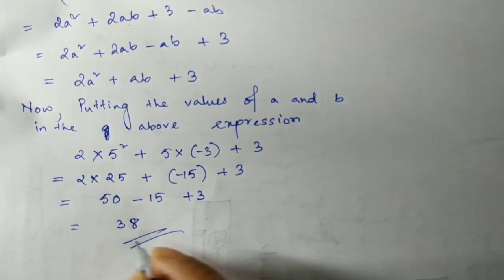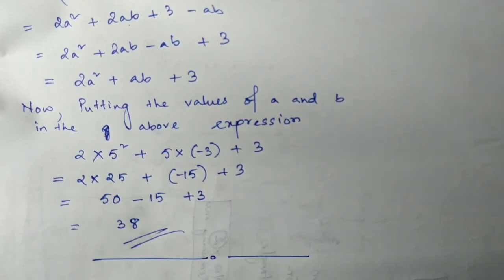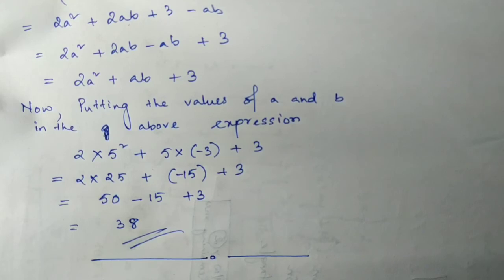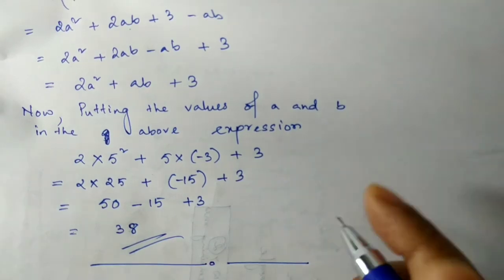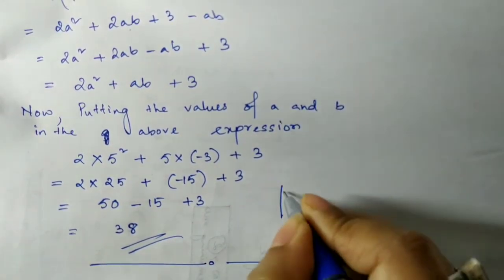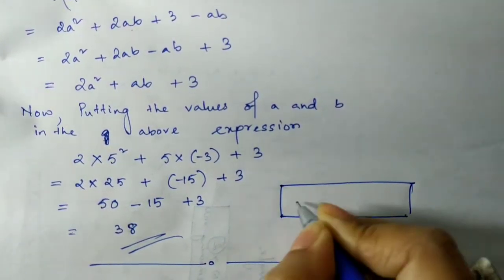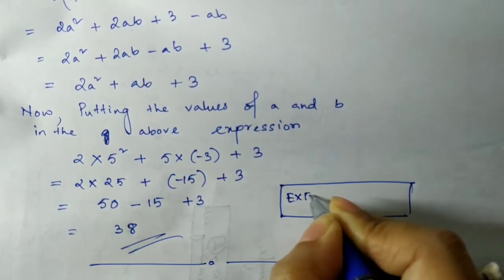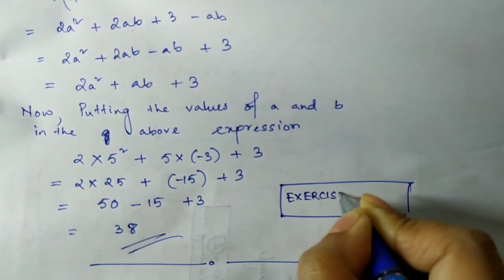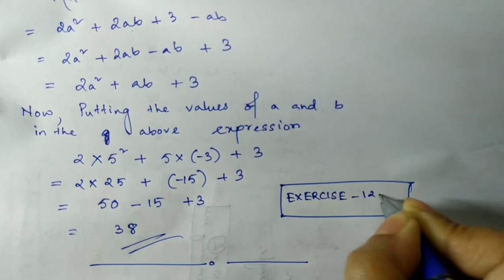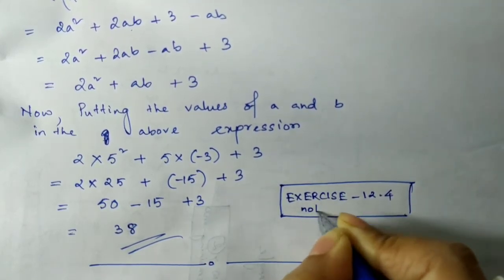Okay, so this is the end of your exercise. Now there is an exercise 12.4 after this, which has some sums related to patterns, which is not included in your syllabus for this session. So just write here, please remember this, exercise 12.4 is not required.